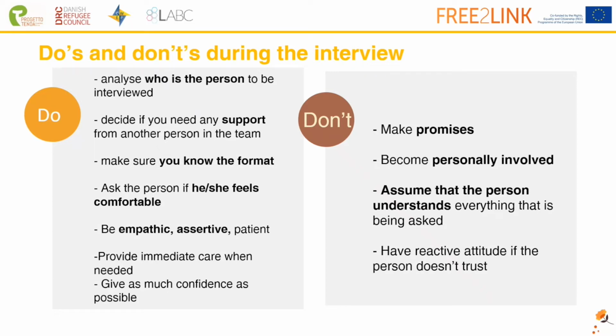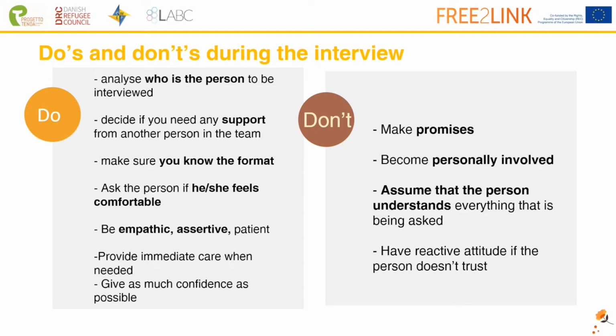Something that you really need to keep in mind is that the person who has suffered any type of violence, and in particular trafficking, sexual exploitation, or labor exploitation, might be still suffering from trauma, either physically or mentally and emotionally.